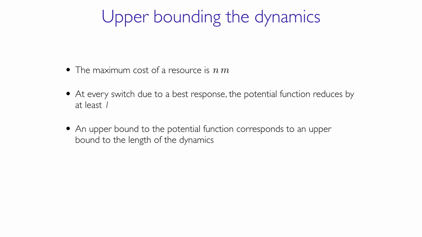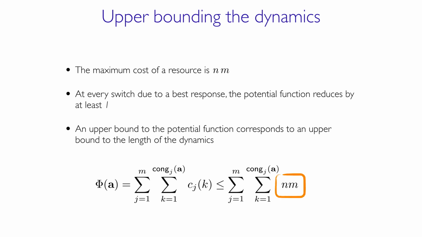So if we upper bound the potential function, we upper bound the length of the dynamics, given that the potential function always has non-negative values. This is the definition of the potential function. Now we substitute the cost of the resource in function of the congestion with the upper bound, that is n multiplied by m. So we obtain an obvious upper bound to the maximum value of the potential function.